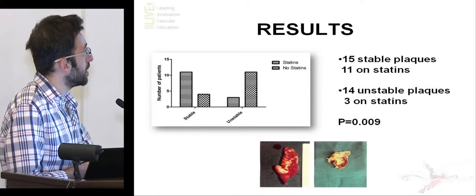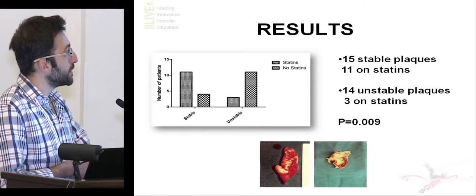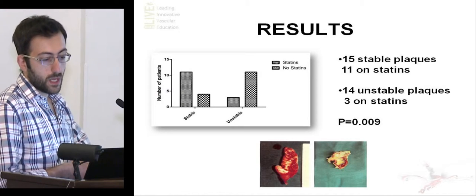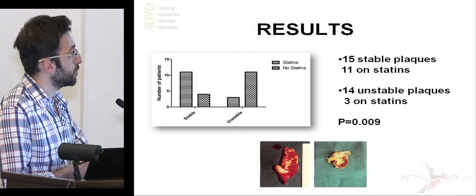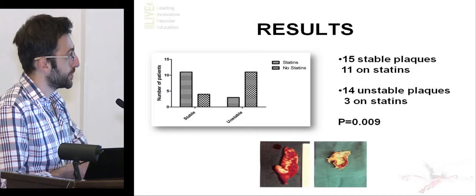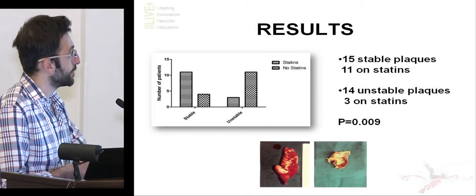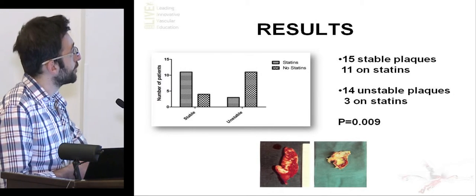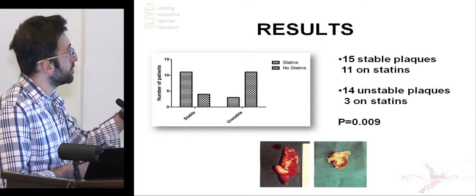Out of the 15 stable plaques, 11 were on statins, and out of 14 unstable plaques, 3 were on statins. That was statistically significantly different. And this is a Western blot analysis.